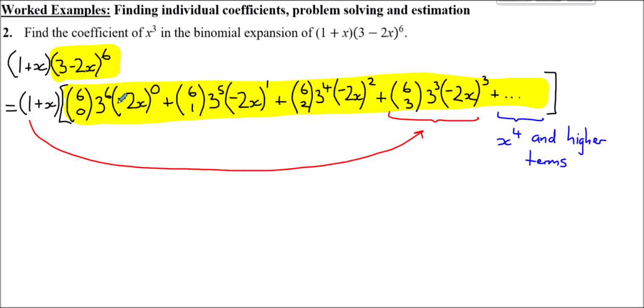Well, x multiplied by an x squared will give us something involving x cubed. And so essentially, if we multiply this thing here by the x, that will also give us a term involving x cubed.